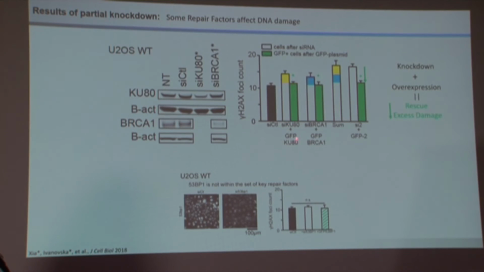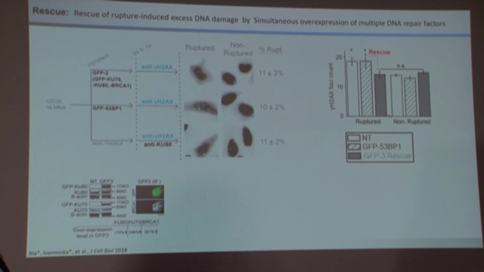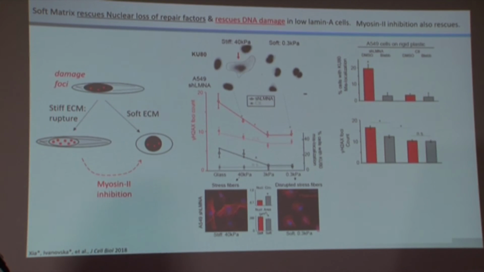For BRCA1 and KAT, the overexpression can definitely rescue. I will skip this for the sake of time. It's just about triple overexpression of these DNA repair factors.